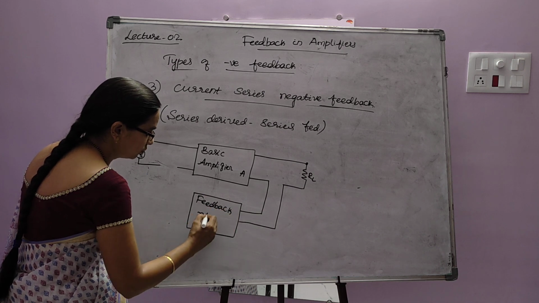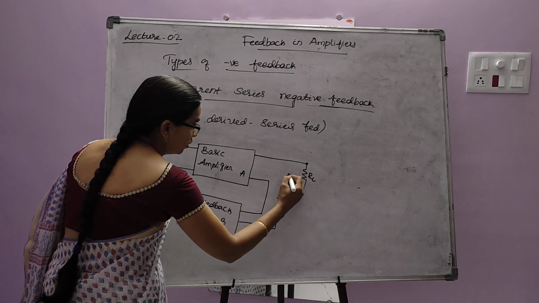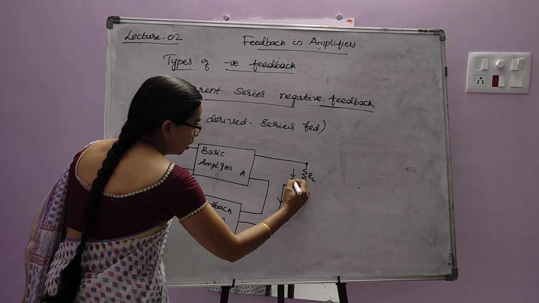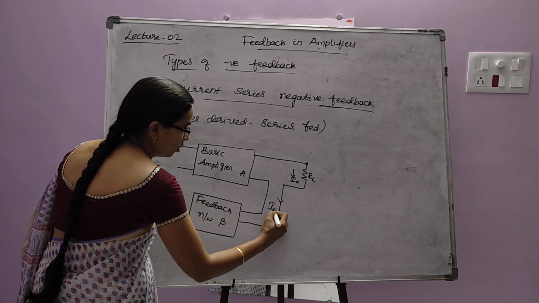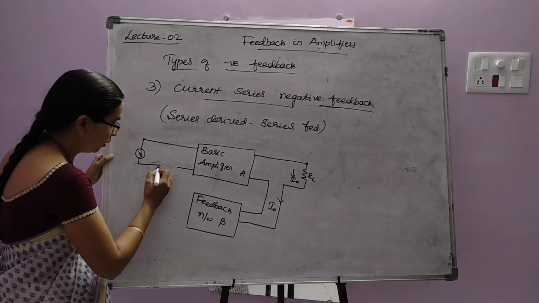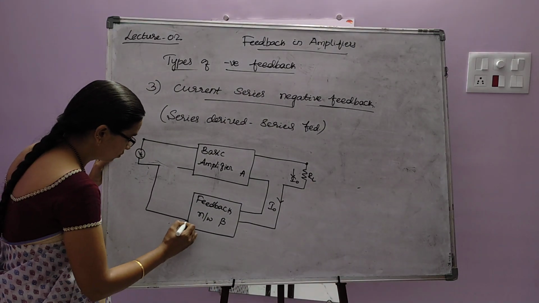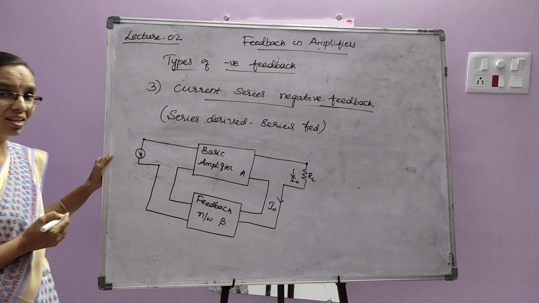Feedback network, which is having a feedback fraction beta. Part of the I naught is the current flowing here. The same I naught is made to flow through the feedback network, where the input connection is in series.